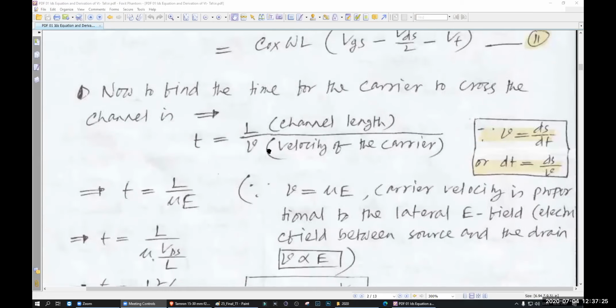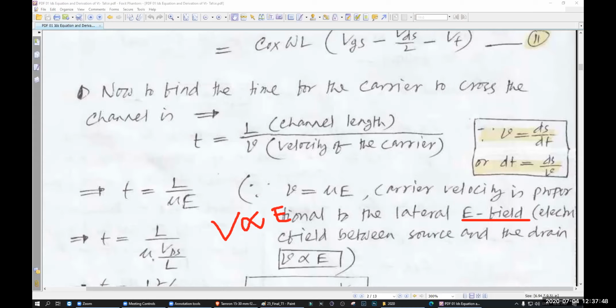And the velocity of the carrier depends on the electric field. V is proportional to electric field. What is electric field? Electric field means how much voltage you are applying.